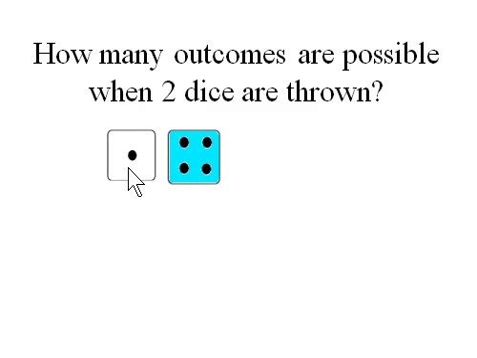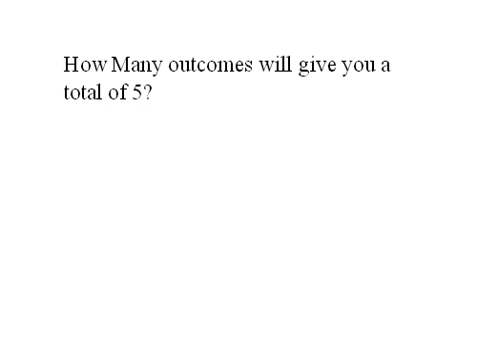So you have 6 outcomes that can occur on this white die, and with every outcome on the white die, you have 6 outcomes on the blue die. Since there are 6 ways the white die can come up and 6 ways the blue die can come up, there are 36 total possible physical outcomes.